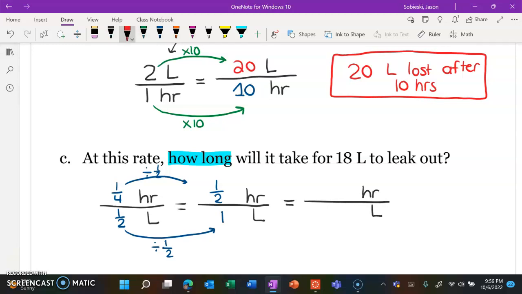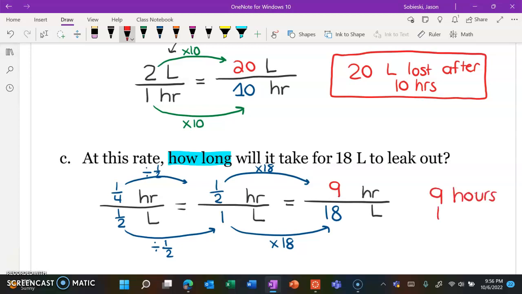Because we're really concerned about 18 liters. So then for our final jump, we're going to multiply by 18. Same change to the numerator. 1/2 times 18 would give us 9 hours. Okay, so 9 hours it would take to leak 18 liters.